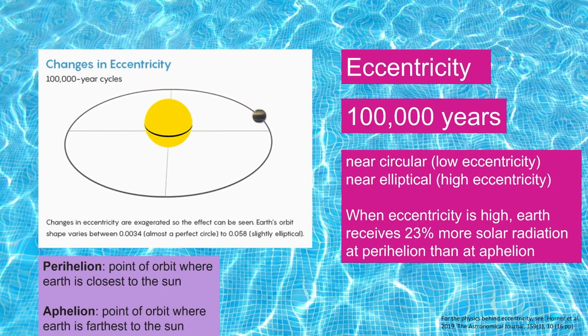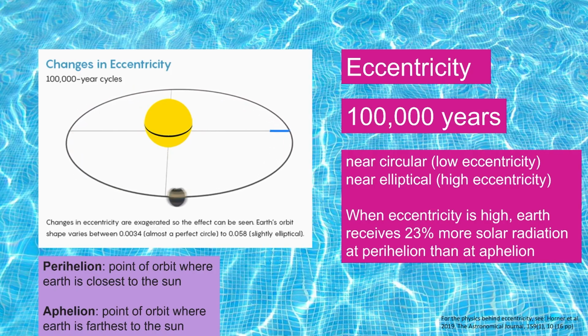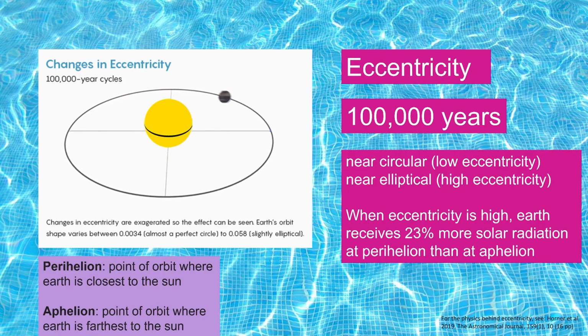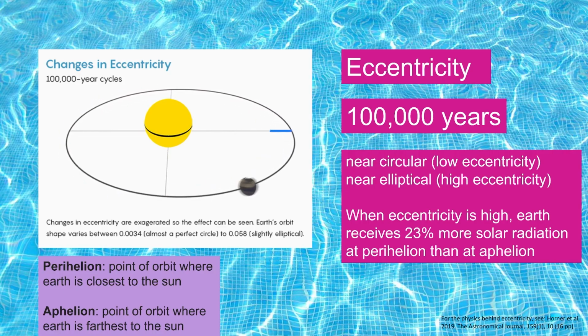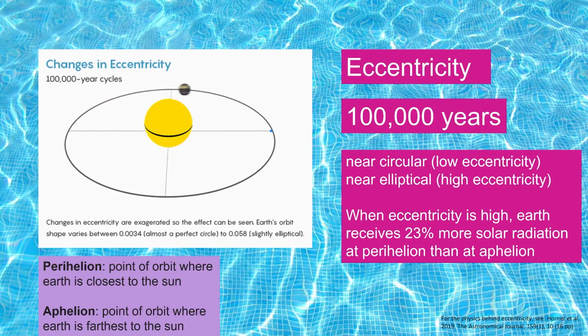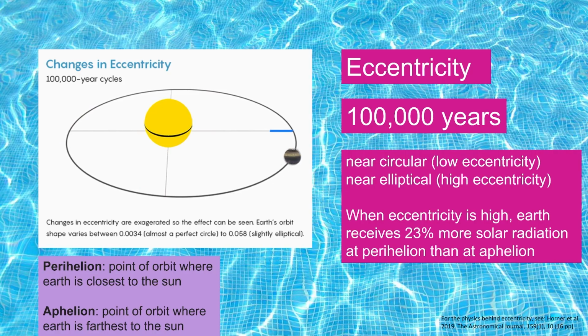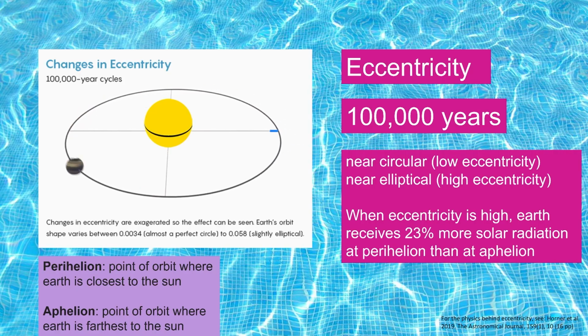Because if it's very elongated, there are points in that orbit that are either very close or very far from the sun. The perihelion is the point of the orbit where the Earth is closest to the sun, and the aphelion is the point where it's farthest from the sun.